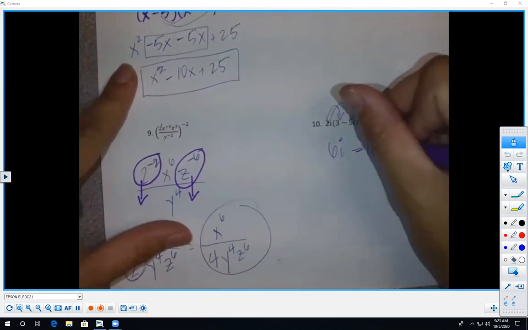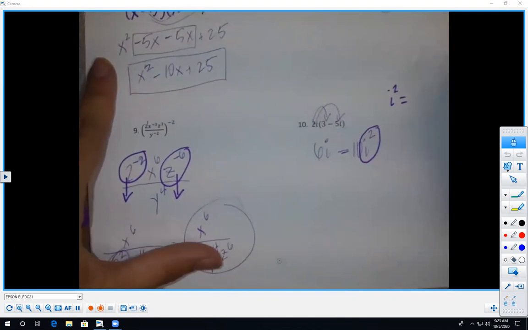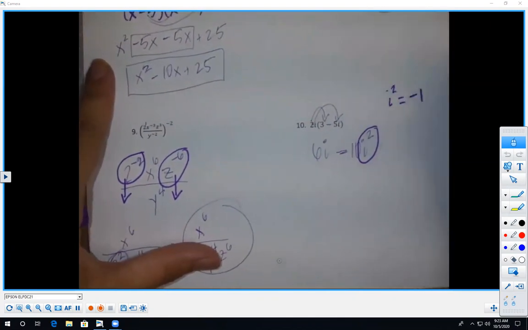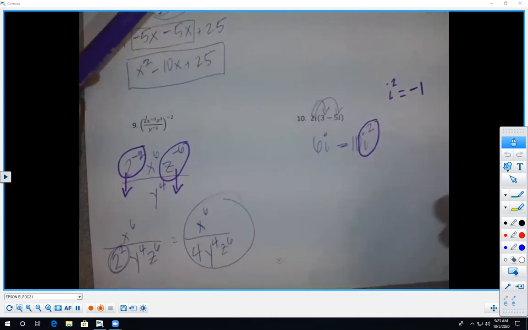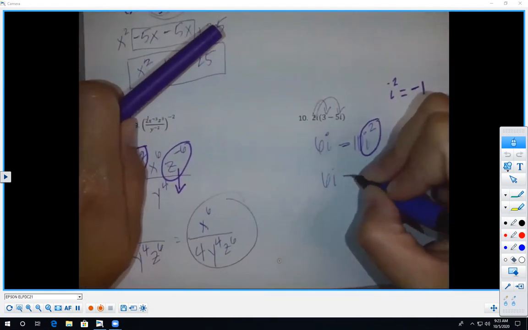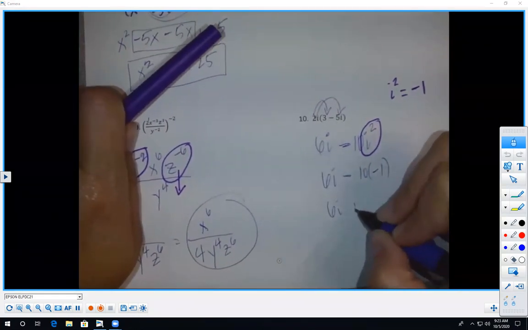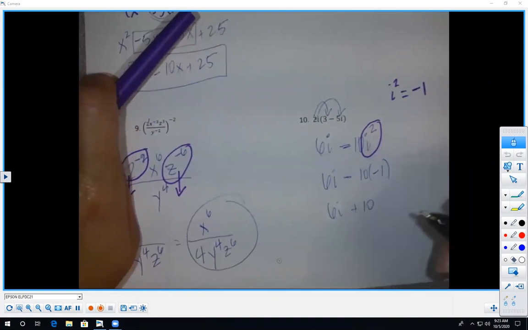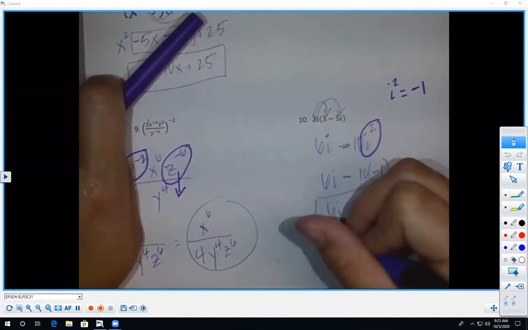And what do I do with an i squared? What does i squared equal? -1. So you have to plug in -1 for i squared. You can't leave i squared in your answer. So this becomes 6i minus 10 times -1, which would be 6i plus 10. You can write it like that, or you can switch it: 10 plus 6i. Either one's fine.